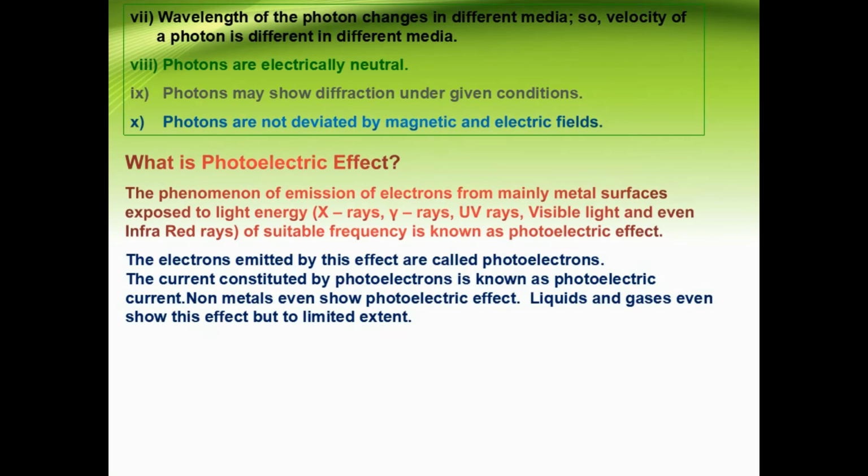Now the electrons emitted by this effect are termed as photoelectric electrons or photoelectrons. The current constituted by the photoelectrons is hence termed as photoelectric current. Non-metals even show photoelectric effect. Liquids and gases even show this effect, but in liquids and gases, this effect is to a very limited extent.